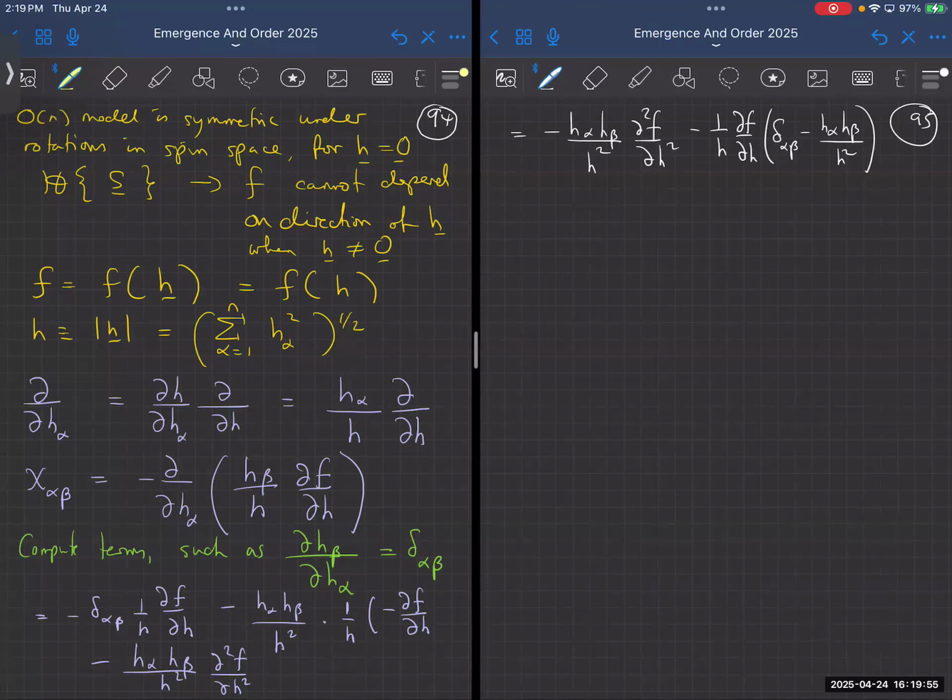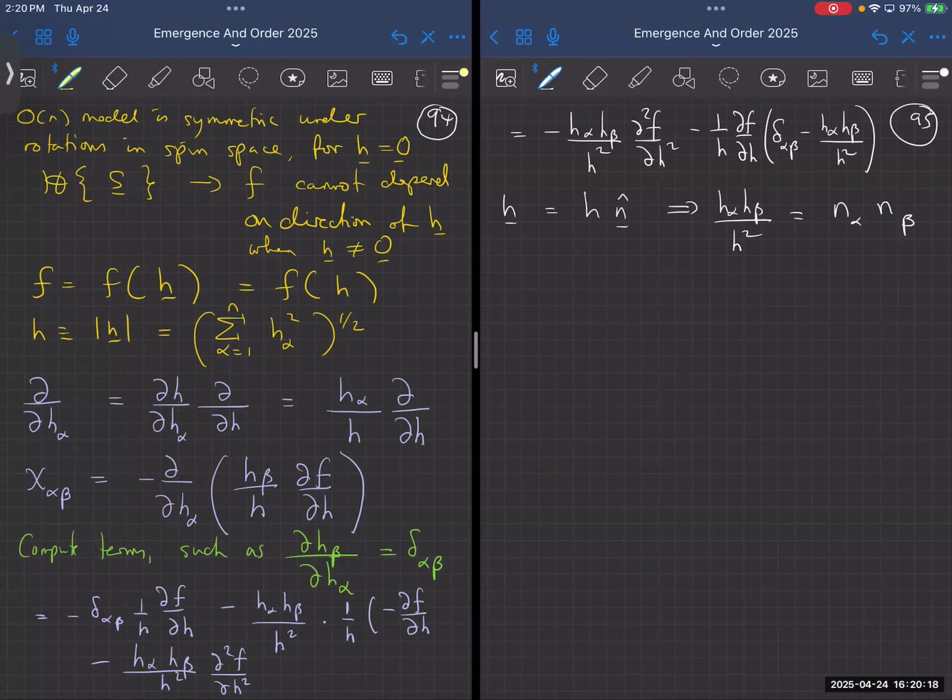So imagine that the vector h is the magnitude of h times the unit vector in which you're applying that vector. So then what that means is h alpha h beta over h squared is the alpha component of this unit vector times the beta component of this unit vector.